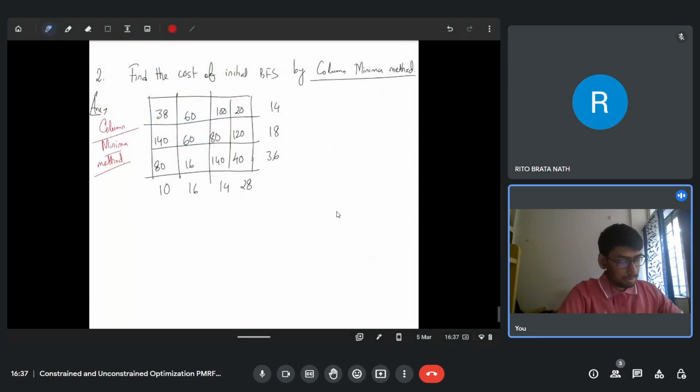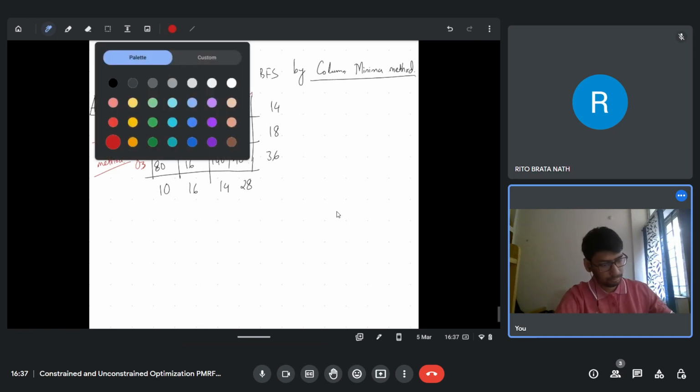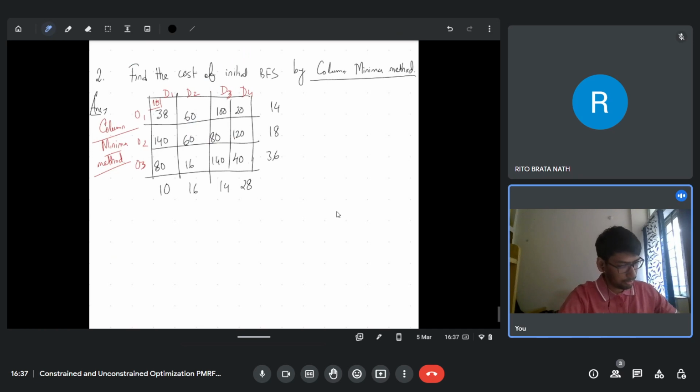First of all, you have to check where you can do allocation. So I'll do it quickly. So here it will be 10, right? So you can name it as 1 over 2 over 3, D1, D2, D3, D4. Yeah, the next table, what you can do, you can delete the first column.